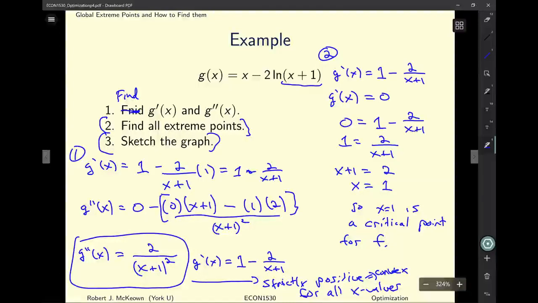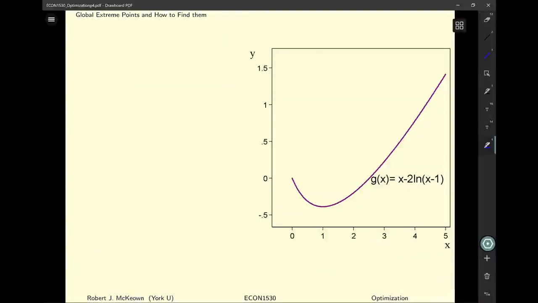Specifically at the point we're interested in, if I evaluate g double prime at our critical point, x equal to 1, we find that we have 2 over 1 plus 1 squared, which is equal to 1/2, which is, of course, greater than 0. Since it's greater than 0, this function is convex, and the critical point we found is going to be a minimum. Now let's take a look at the graph and see if we're right. And we are. Yay. So we can see here that at 1, it looks like we're at a minimum.